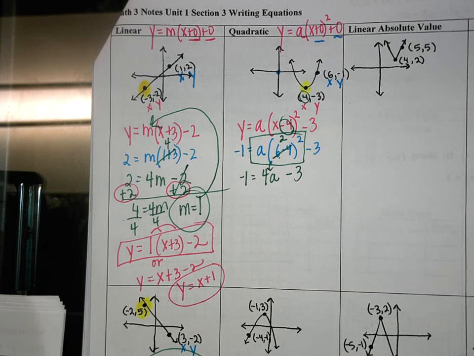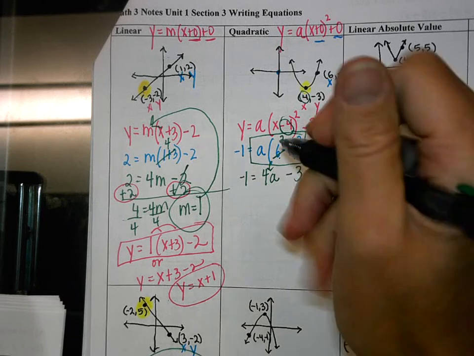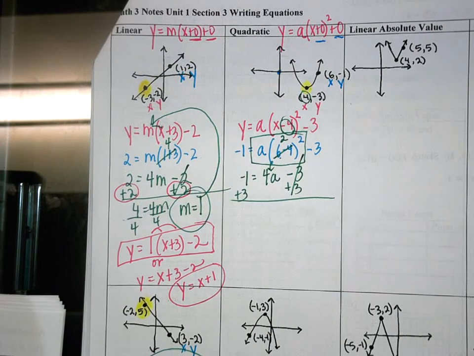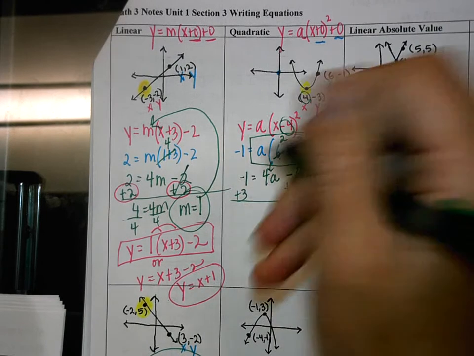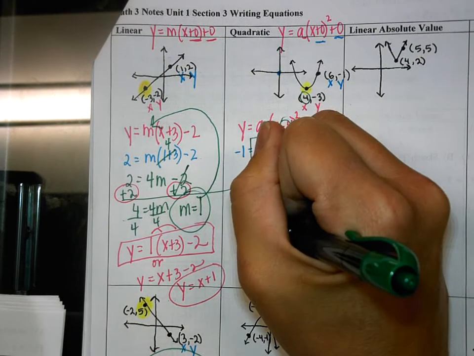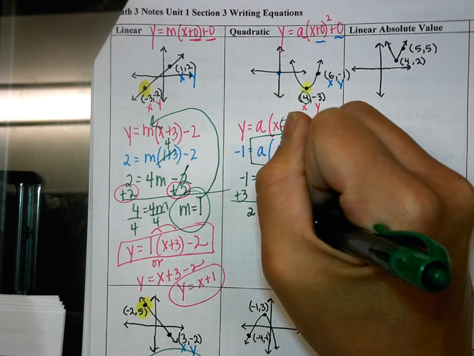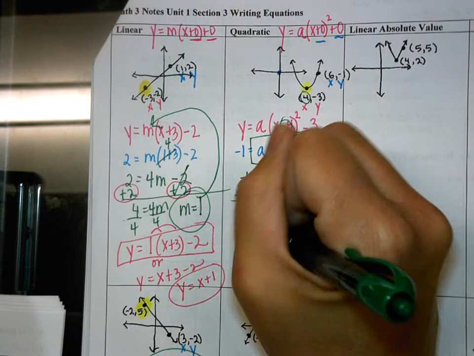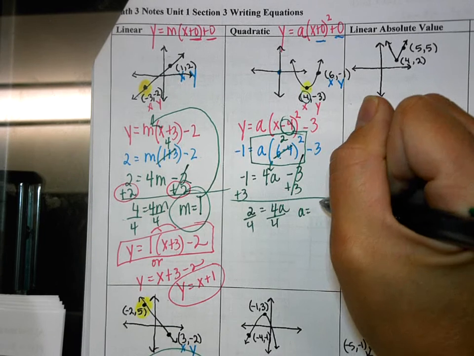Anybody else have questions? Okay, so now we're just going to solve. We want to get a by itself. We add 3 to both sides. Those eliminate. Negative 1 plus 3 makes 2 equals 4a, and then we divide by 4 on both sides, and I get a equals what? 1/2.